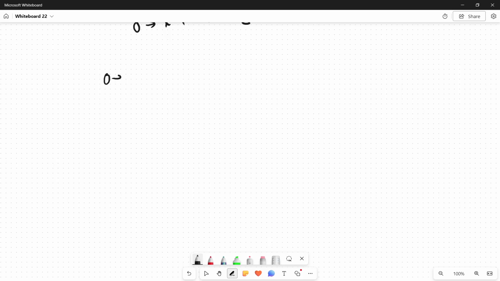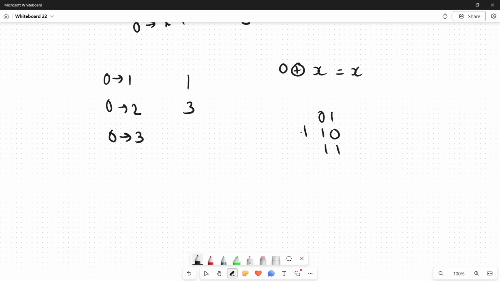So one more interesting property about XOR is this. The XOR from 0 to 1 is 1, because 0 XOR anything is just that number x, and the XOR from 0 to 2 is 3. The XOR from 0 to 3 is, you can say, this is 1, this is 2, and this is 3, so it is going to be 0.